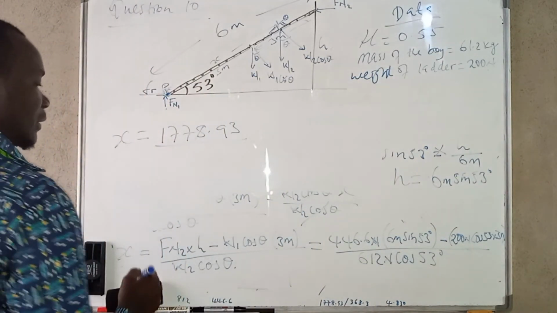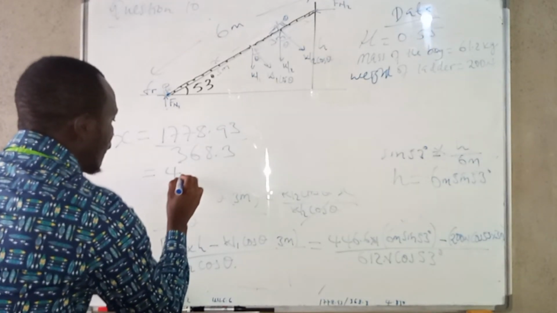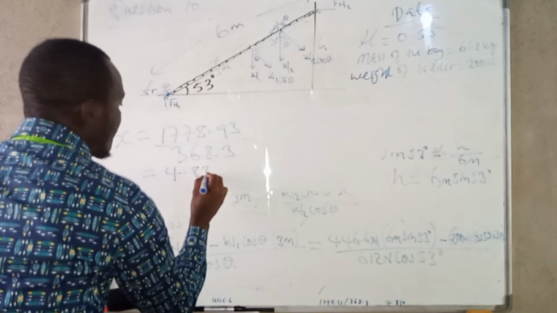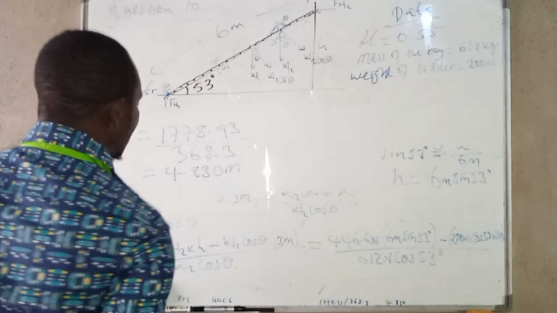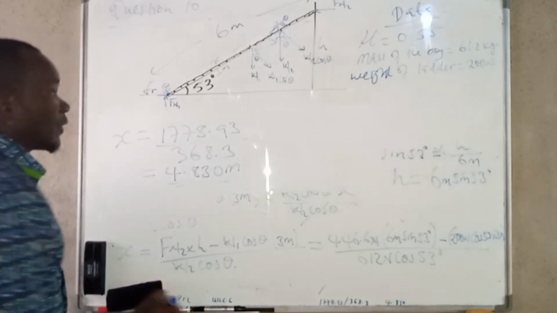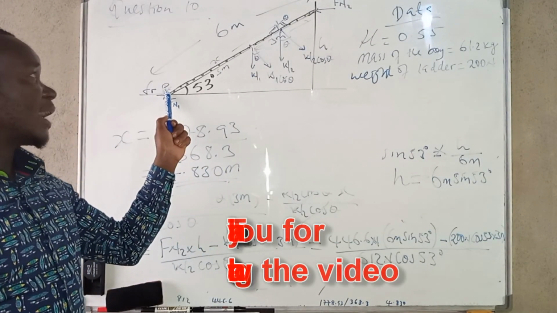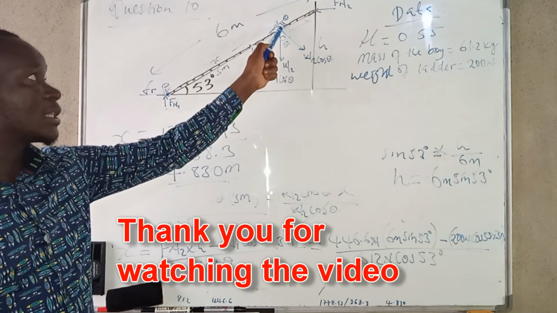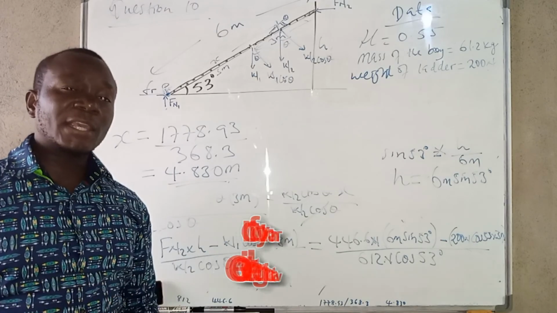Punching this on a calculator, we are going to get 4.830 meters. So this is the maximum distance that the boy can climb from the base of the ladder until getting to this point before the ladder falls. Thank you so much for listening.